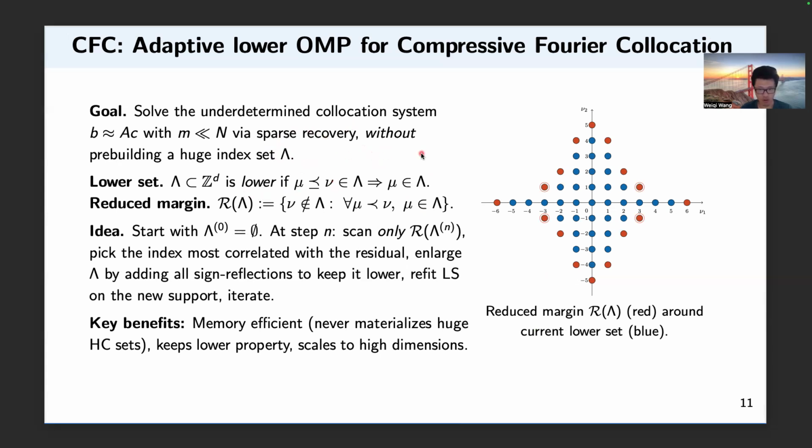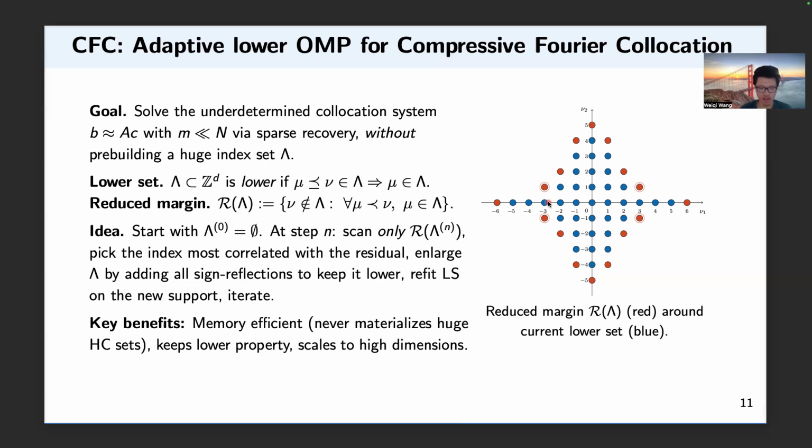So what's a lower set? We can have a look at the picture. We can think of a grid of the frequency indices. If a big index is in the set, then all the smaller ones that sit under it must also be in the set. That's the meaning of the lower set.